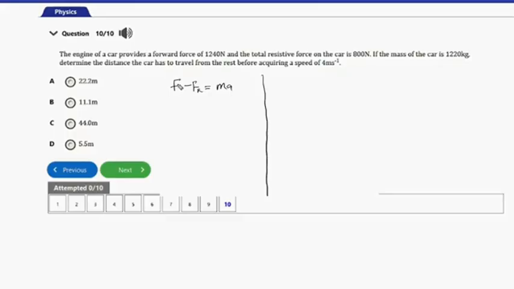Where F is the force propelling the car or propelling the object, and then F sub R is the resistive force. So in this case, that would be 1240 newtons minus 800 newtons. Then this is equal to the mass, which is 1220 kg, times the acceleration, which is not given, which is what we want to find here.